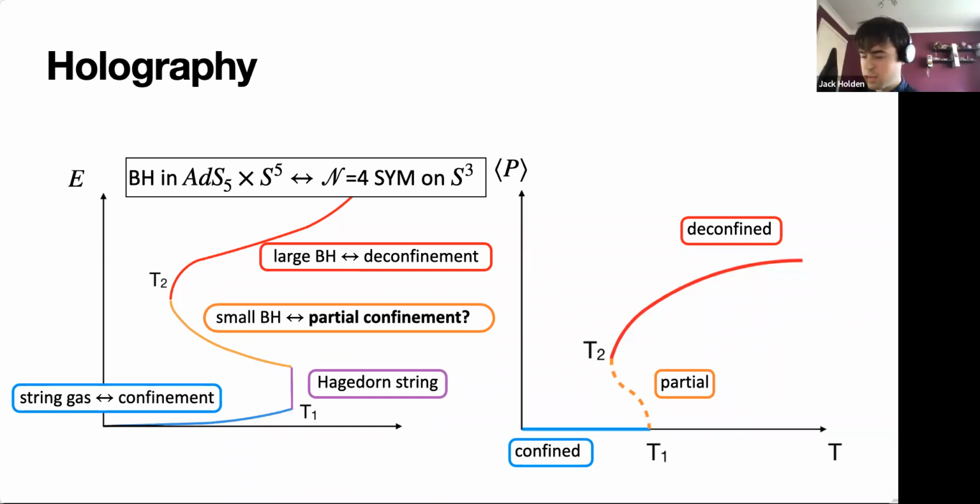Could you clarify that comment? Yes, so we expect that if you looked at the dual theory, the dual phase theory corresponding to the small black hole, and looked at Polyakov loops, then you'd get the eigenvalue distribution which corresponded to the partially confined phase, which means that you'd get the non-uniform but ungapped density distribution. So is that what you were asking?